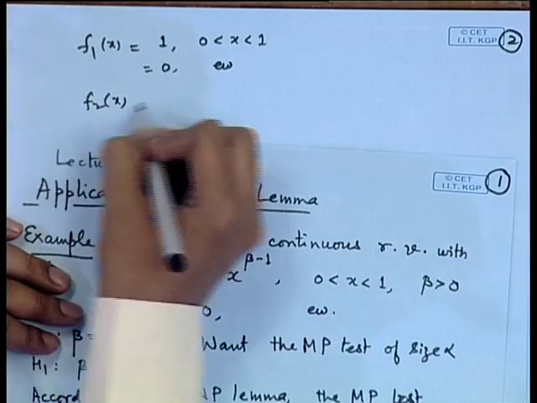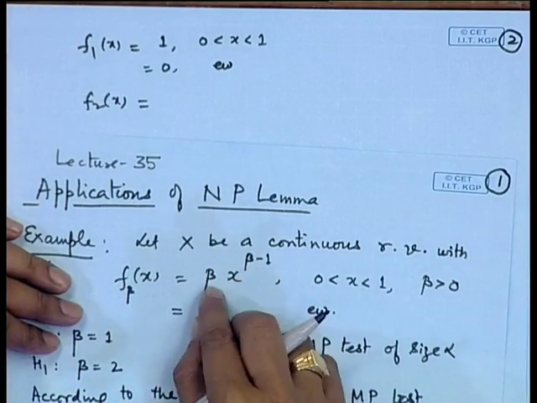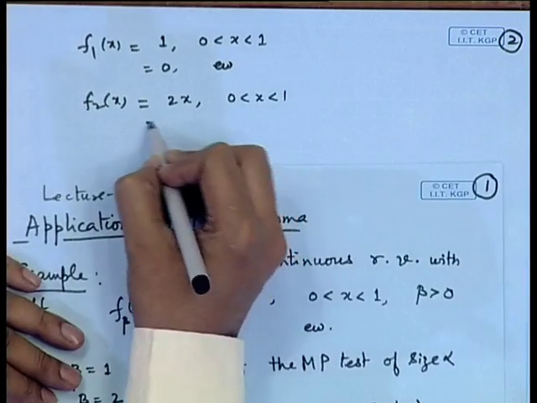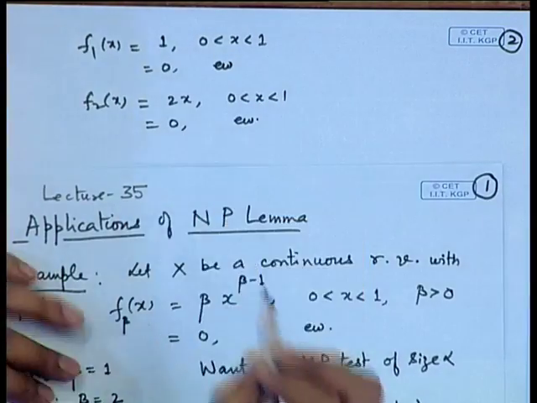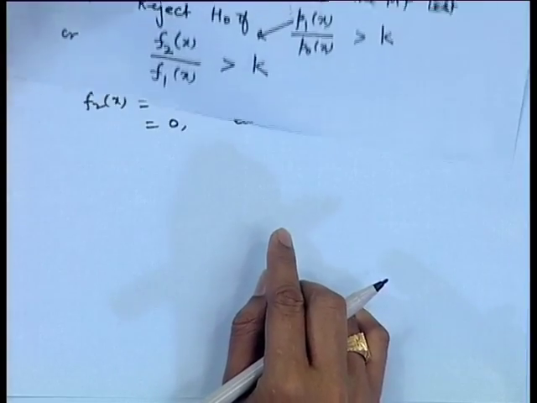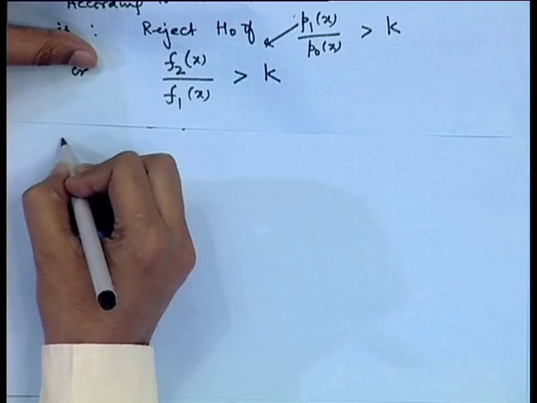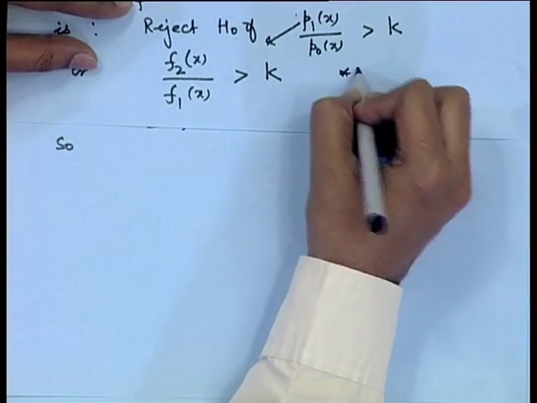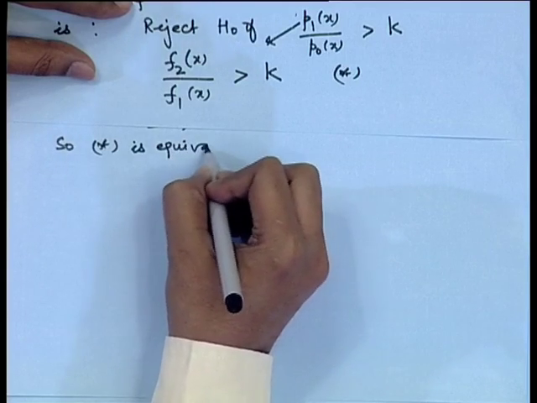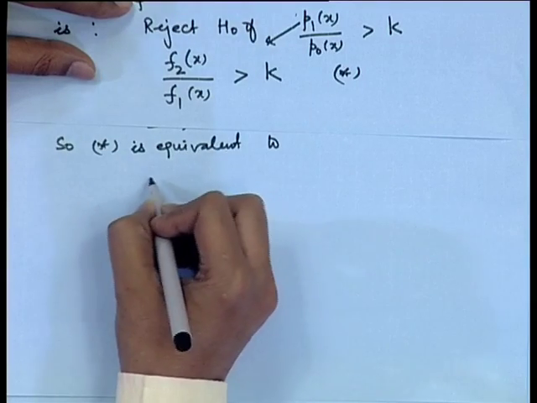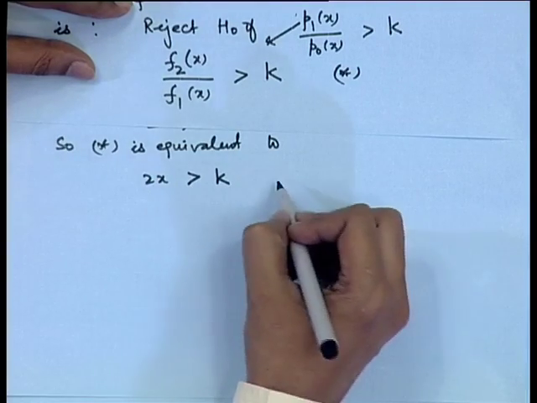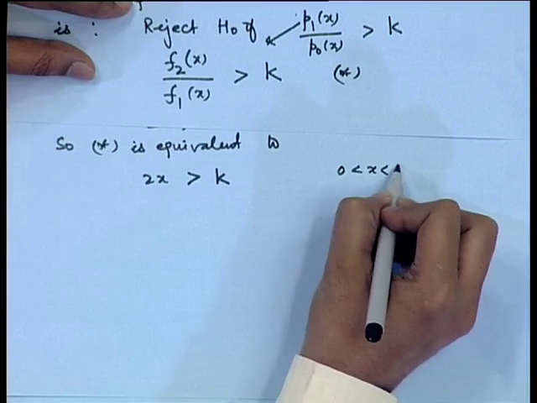In a similar way, f 2 of x, if I put beta equal to 2, I will get 2x. So, the statement f 2 of x by f 1 of x greater than k, let me call it star, is equivalent to 2x divided by 1 is greater than k. Of course, here we are taking 0 < x < 1.